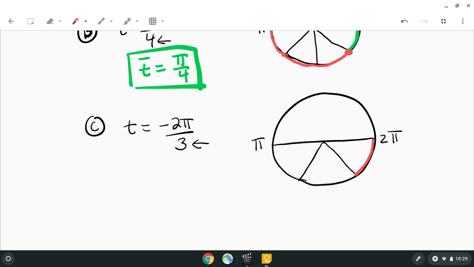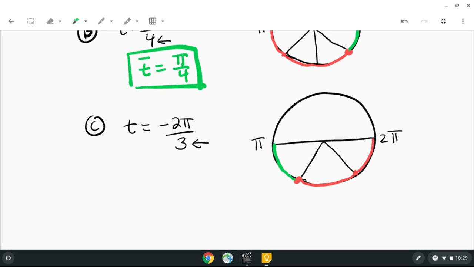-1, -2. Okay, so that's -1/3, -2/3. So my terminal point lands right there. So the reference number that I want is the shortest distance between that point and the x-axis.